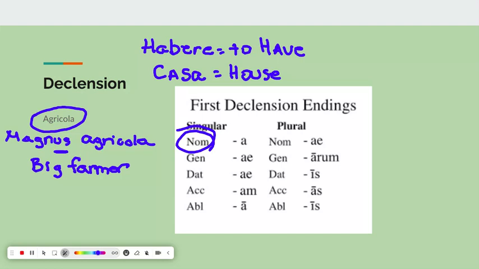That's going back to Latin 2,000 years ago. That was the case, right? So whatever gender the noun is in, the adjective will follow in the nominative case, and we'll go over that more too. So Magnus, meaning big or huge or great.